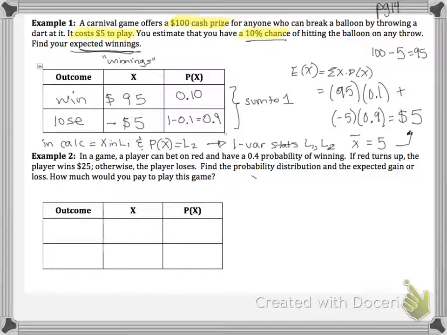So I see one difference here, and it's that I do not have a pay to play. So in this case, I have nothing to subtract. When I lose, I'm not really losing from my bank account in this problem because they have not told me what's going on. In fact, they actually asked me, how much would you pay to play this game?